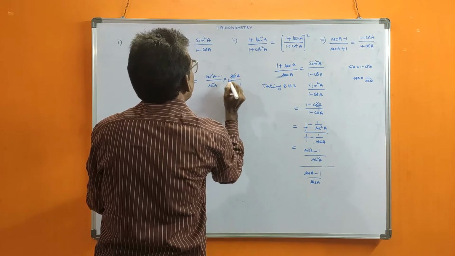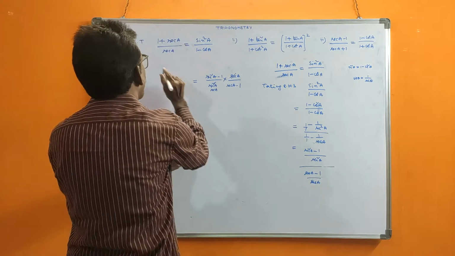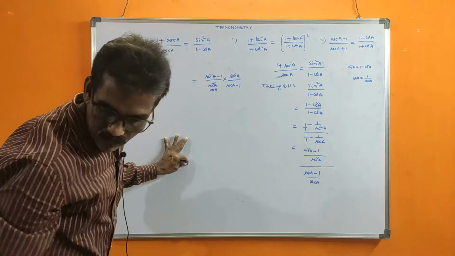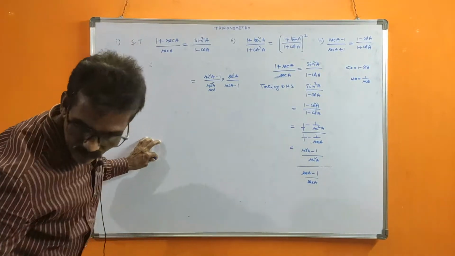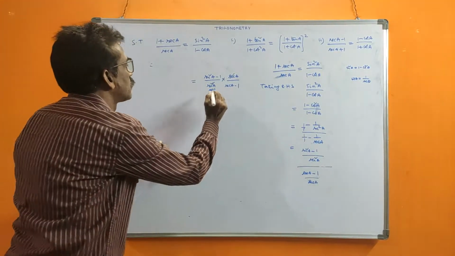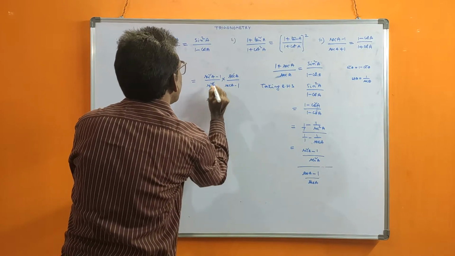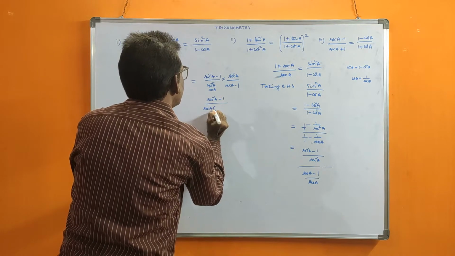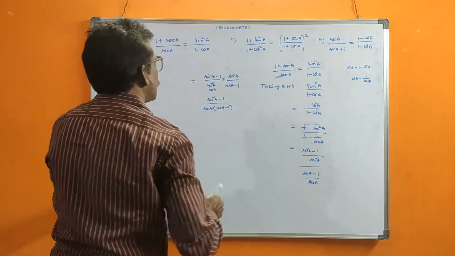Now, secant a, here square is there, that's why secant a times cancel, because a square is there. According to that, what is left? Secant square a minus 1 by, here 1 secant a is there, into secant a minus 1 is there.